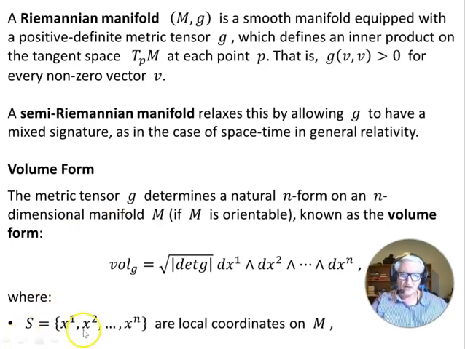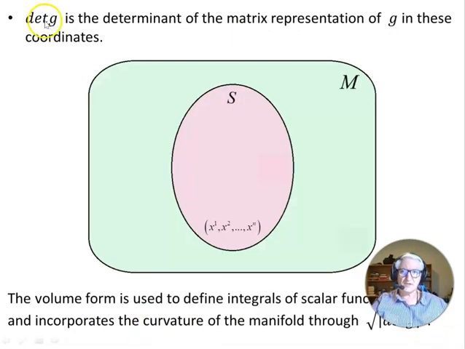In our case, our local coordinate system S has coordinates x1, x2, up to xn, and det g is the determinant of the matrix representation of g in these coordinates. Here's our manifold M of dimension n, and here's our local coordinate system, which covers part of the manifold.